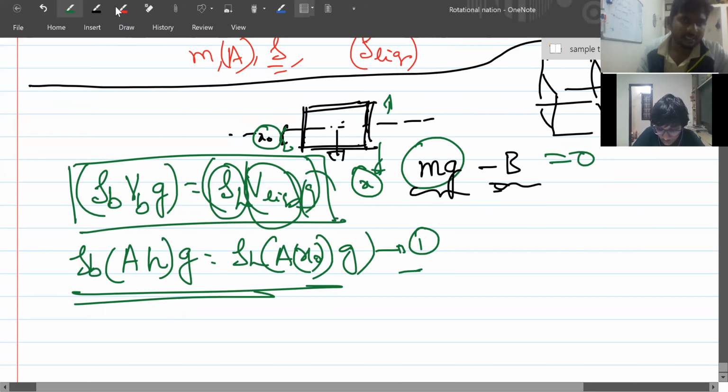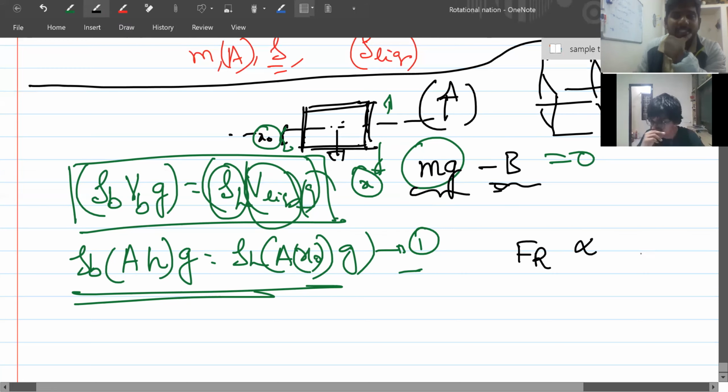Now the buoyancy force will be higher, in the upward direction. So the extra buoyancy force will try to make this block come back to its original state. That is actually the restoring force. If I write restoring force proportional to x, there will be some constant. That will be k, right?